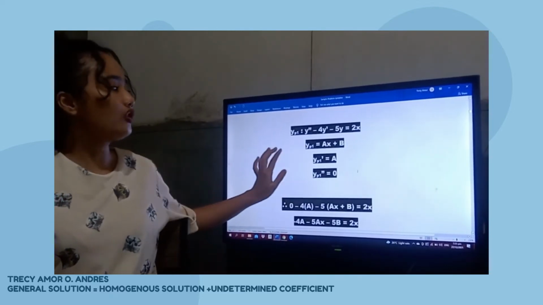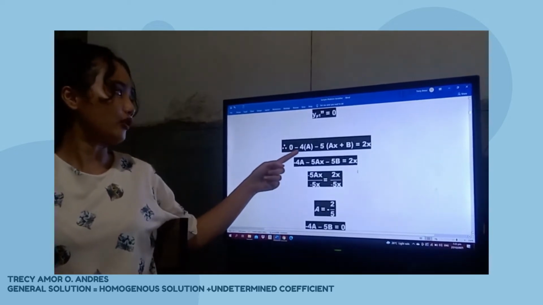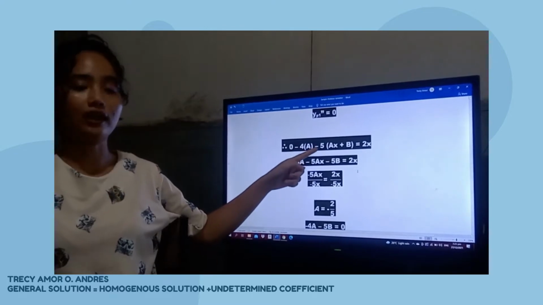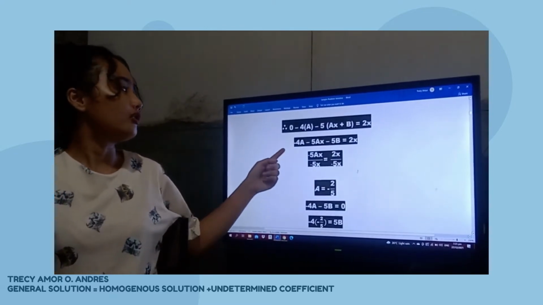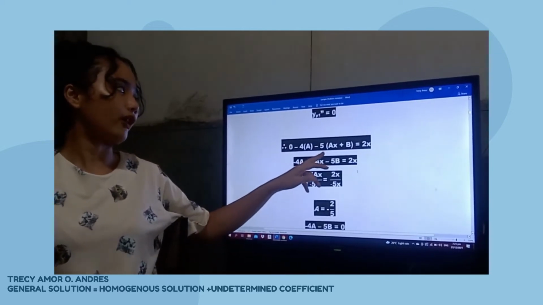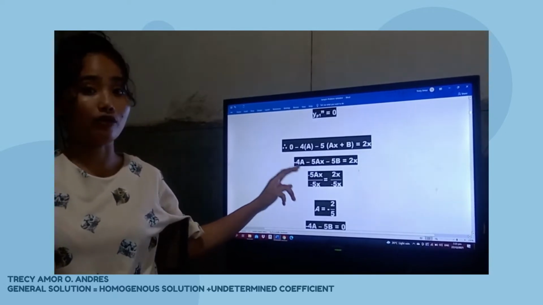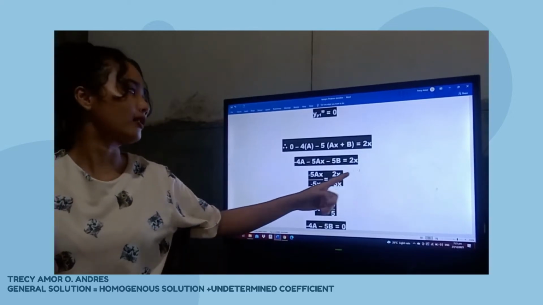Substituting these values to this equation, we now have 0 minus 4a plus a minus 5 quantity of ax plus b equal to 2x. By removing the unnecessary terms as well as distributing the 5 to ax plus b, we now have negative 4a minus 5ax minus 5b is equal to 2x.